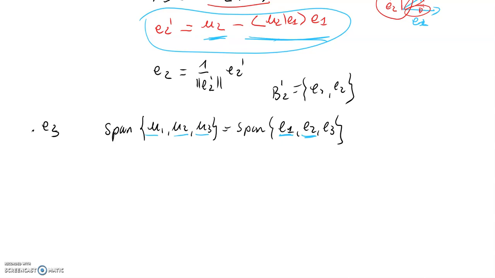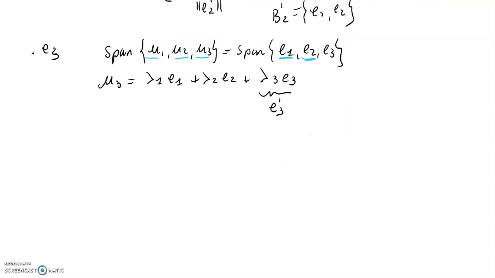So we're going to do the same stuff. u3, that's the novelty here, will be a linear combination of E1 plus E2 plus E3. I'm going to call that E3 prime, which has the same direction as E3.